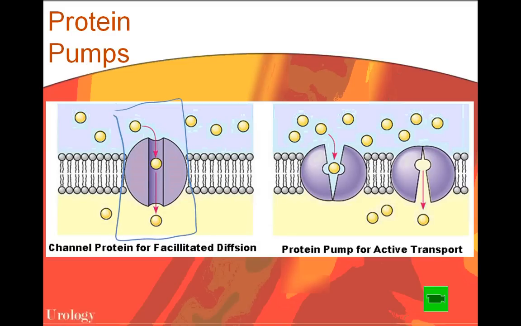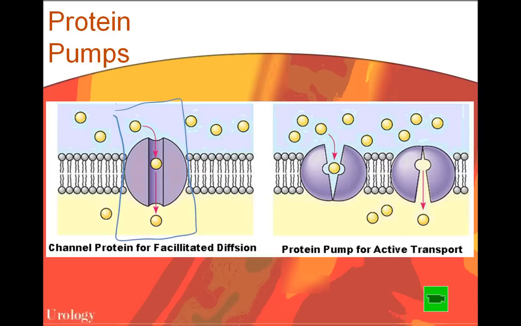Tell me what a facilitated diffusion protein looks like. It's like a tube or a tunnel. It's open on both ends like a paper towel roll. And it lets things just go back and forth as much as they want to. And it can, if the cell wants it to.